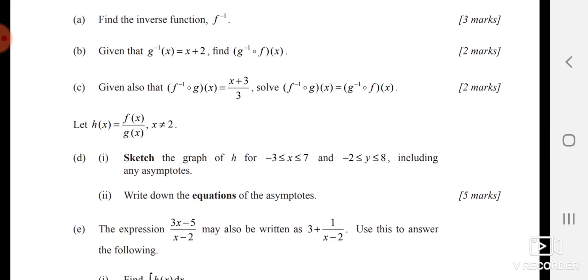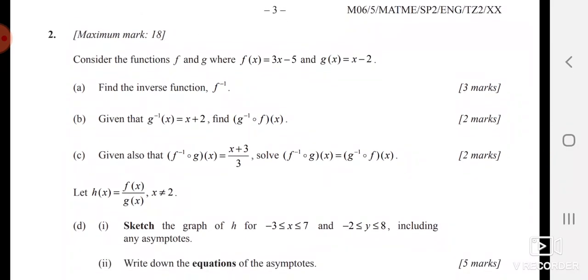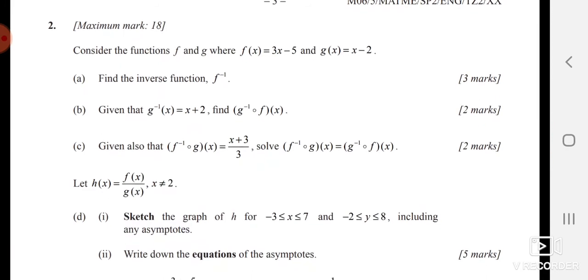And here he told you h(x) is f(x) over g(x). So first of all, you just write the values of f(x) and g(x) there: 3x minus 5 over x minus 2. First rule, just simplify this. First divide f(x) by g(x).